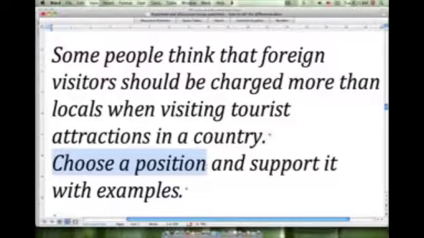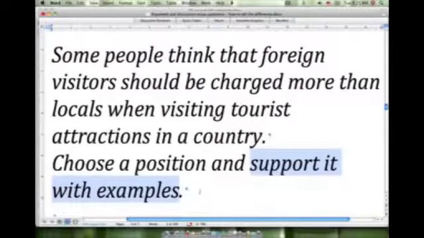Just choose one or the other, and support it with examples. Of course. Okay, let's continue. So this one on the screen would be an argument essay, of course.